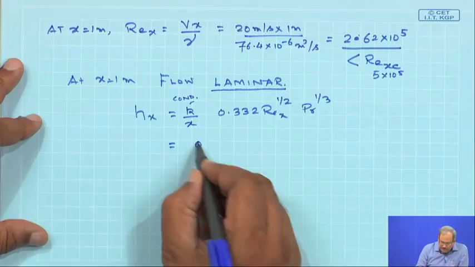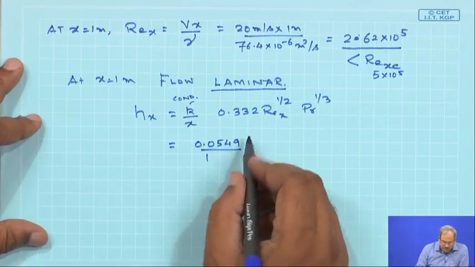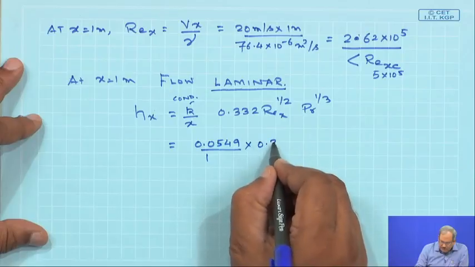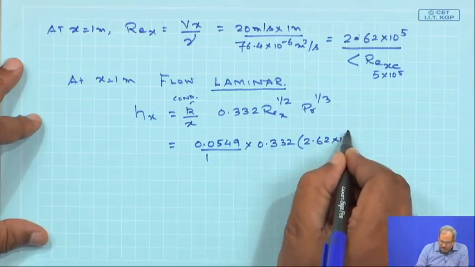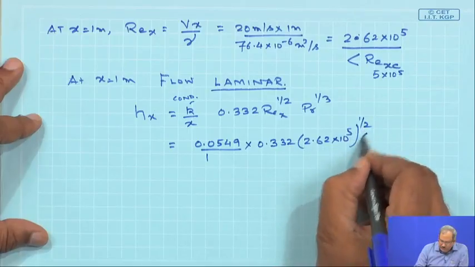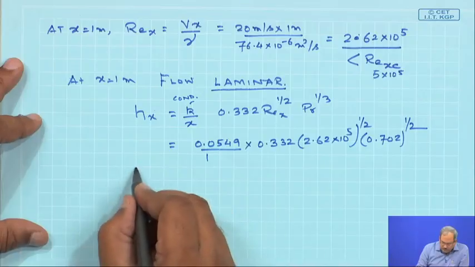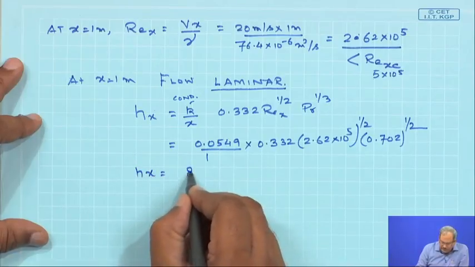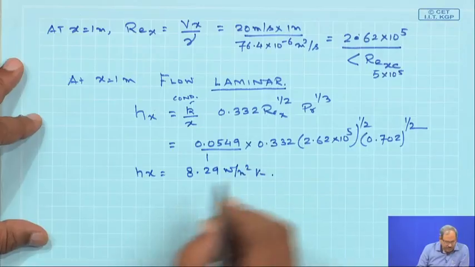So, once you plug in these values, and this x is 1 meter, into 0.332, 2.62 into 10 to the power 5 to the power half, 0.702 to the power 1 by 2. So, Hx is equal to 8.29 watt per meter square Kelvin.